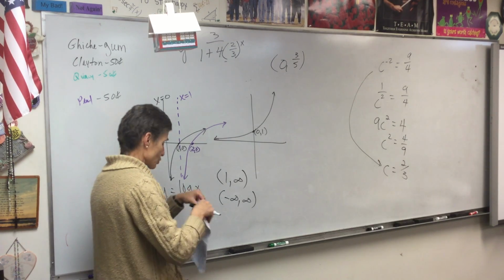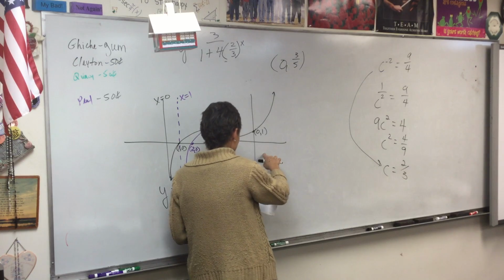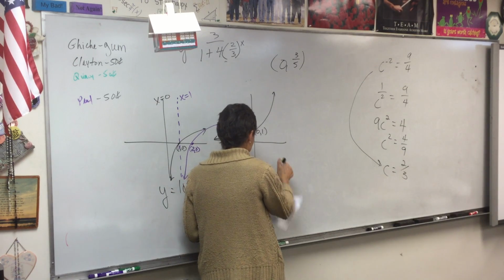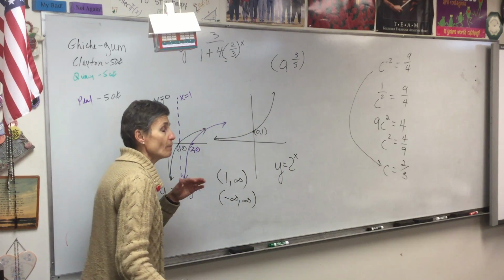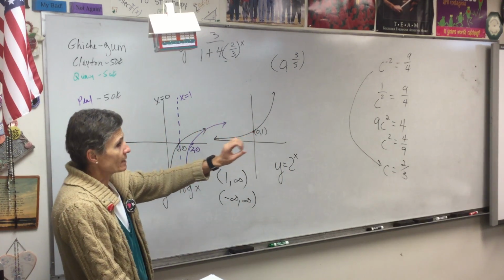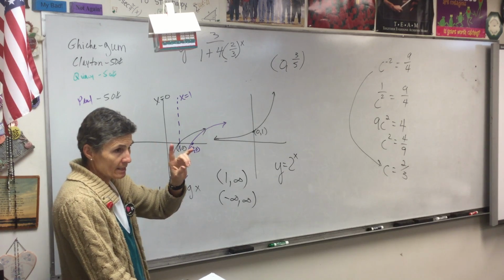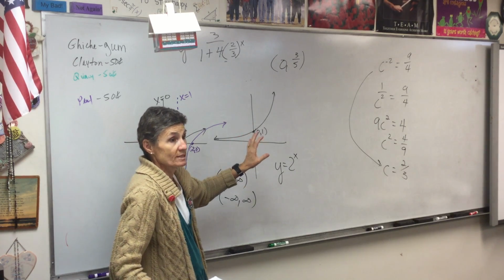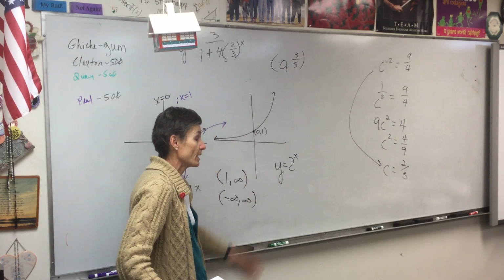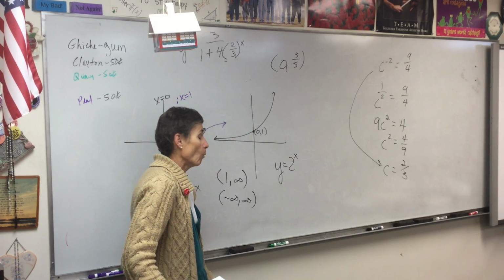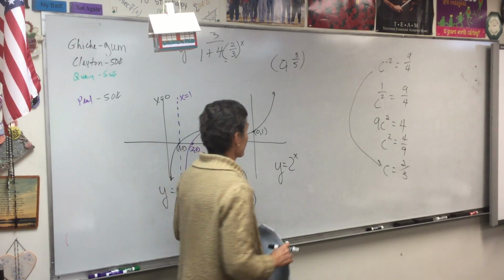Okay, now the next one. This is a picture of y equals 2 to the x. Now you might say, well, Miss Ford, when I memorized it, it was e to the x. Yes, you're right. This is a picture of y equals anything to the x, anything bigger than 1, any growth. Now, where is the asymptote for this picture?